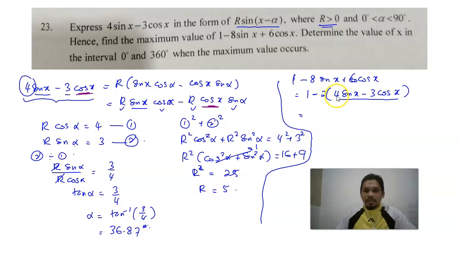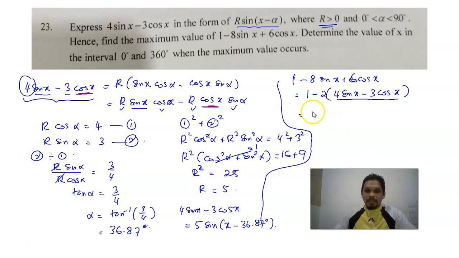Now we have elaborated this 4 sine x minus 3 cos x equal to r, which is 5, sine (x minus 36.87 degrees).